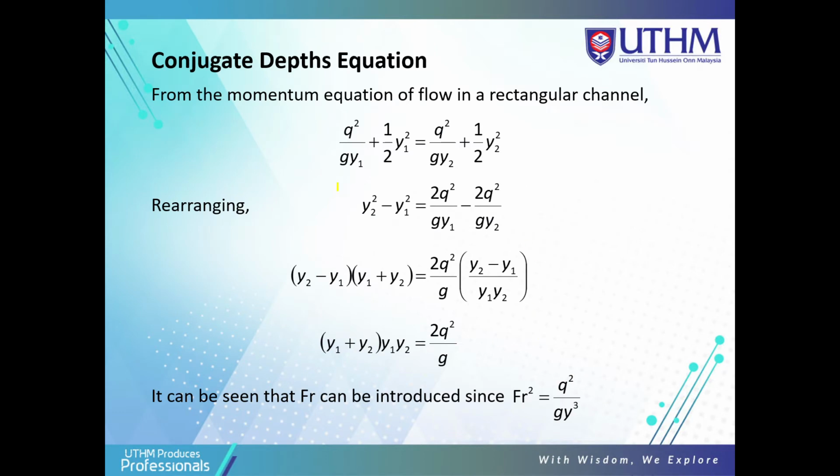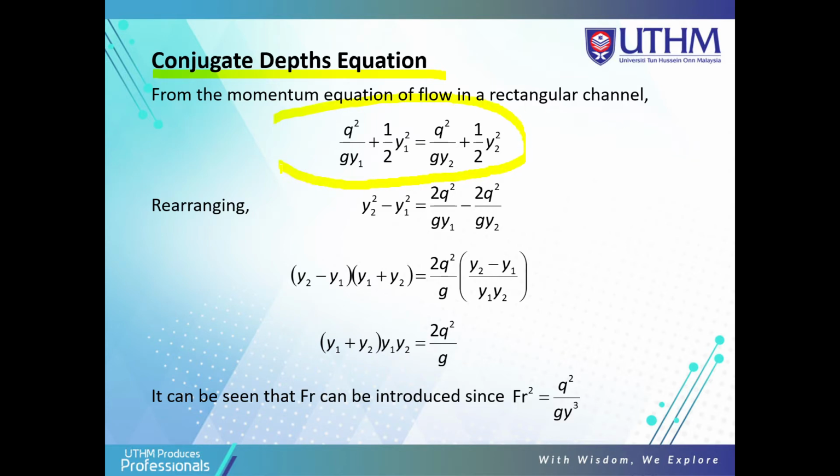Actually, this is the conjugate depth equation for hydraulic jump. We use the momentum equation and then put it into the conjugate depth here, so we get the conjugate depth equation. From the momentum equation of flow in a rectangular channel, we get this one.